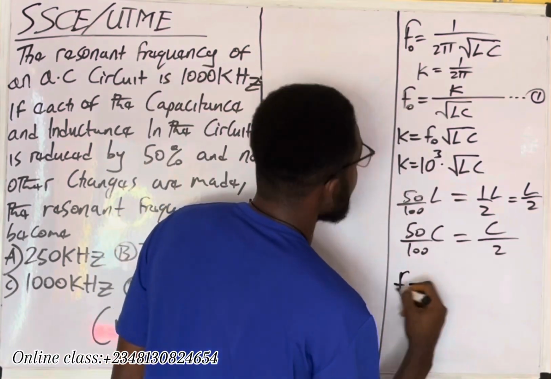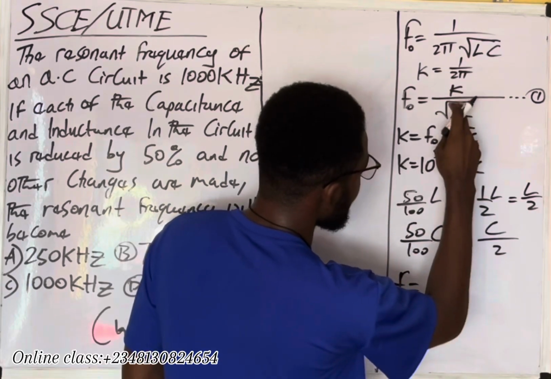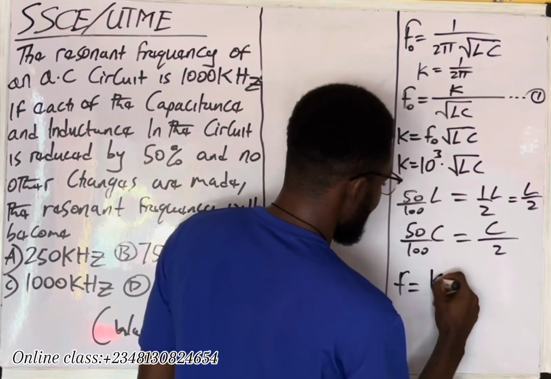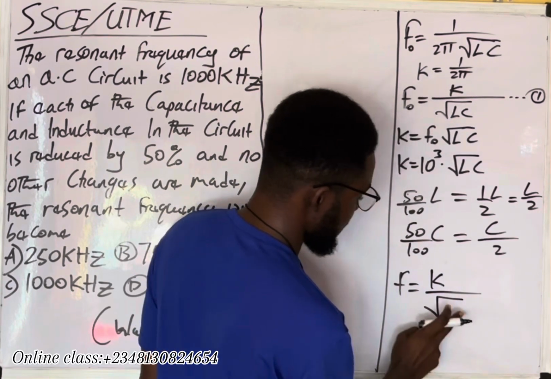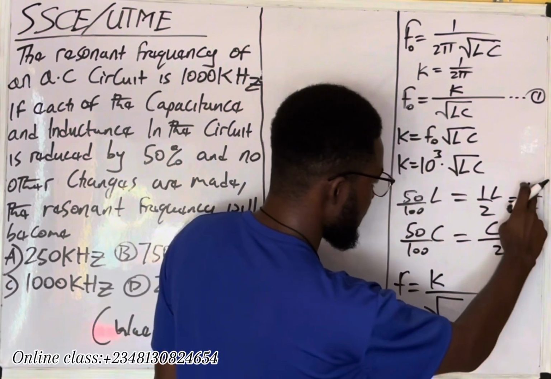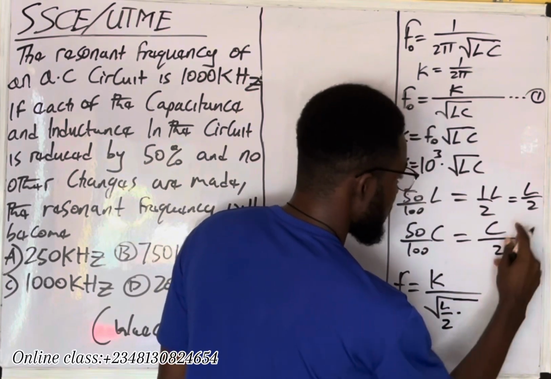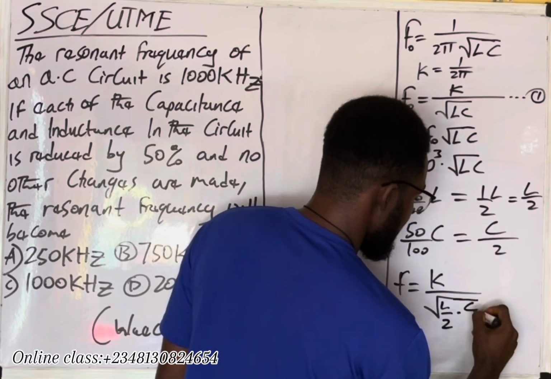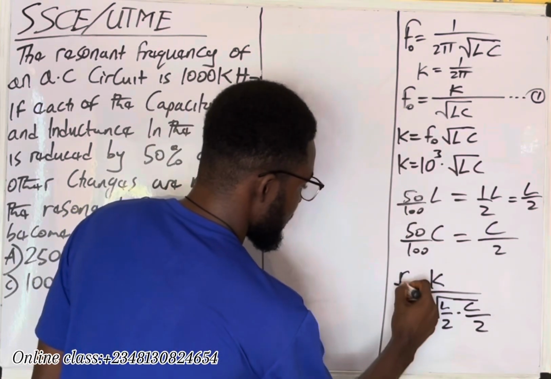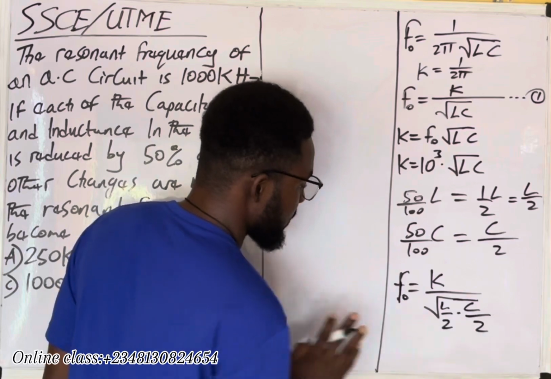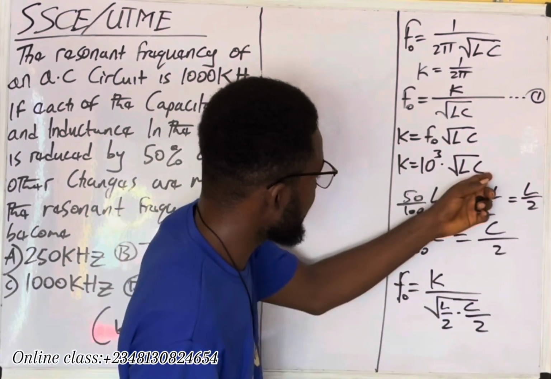From the first equation, the resonant frequency is equal to K over the square root of the inductance, that is L over 2, and the capacitance, C over 2. So we are looking for the resonant frequency when they are reduced by 50%. So what is K? K is the constant, so we already have K.